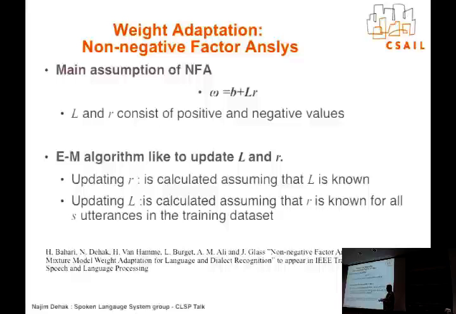So we developed an EM-like style to do the training. We estimate one matrix by projected gradient descent, then fix it and estimate the other, and we alternate between them. This is the paper that we developed for the Gaussian mixture weights for language ID and dialect ID with people from Brno.